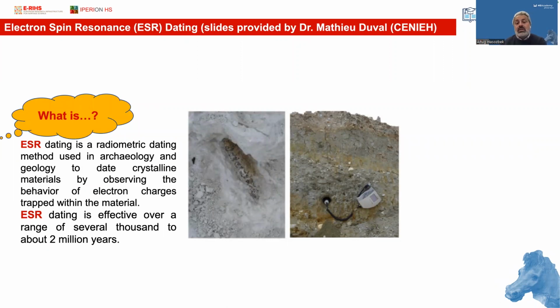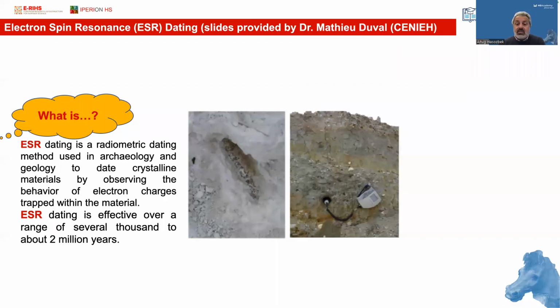ESR dating is a radiometric dating method used in archaeology and geology to date crystalline materials by observing the behavior of electron charges trapped within the material. It is effective over 2 million years.